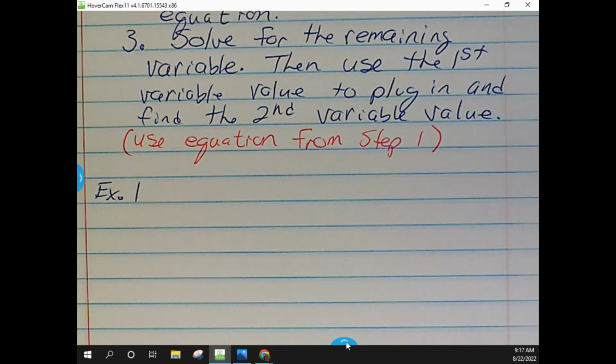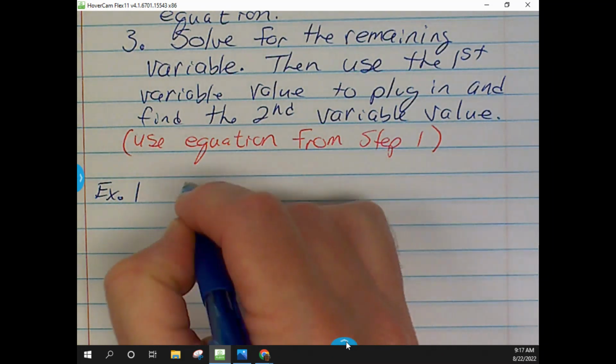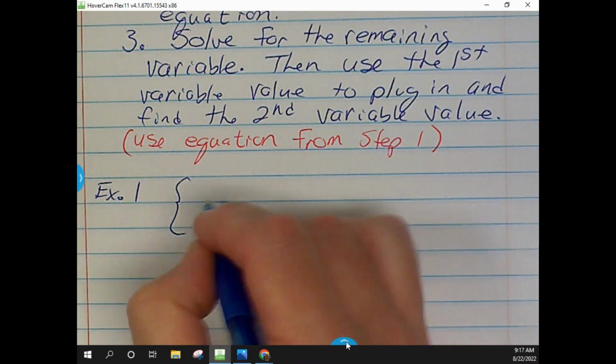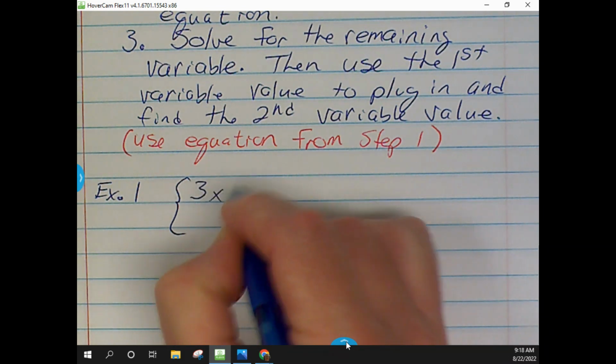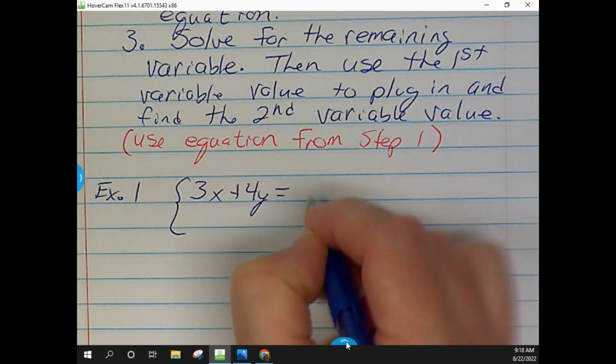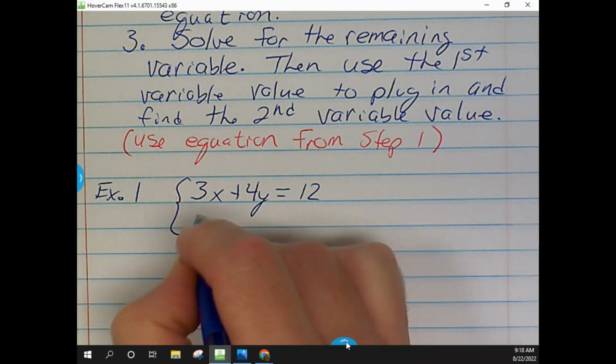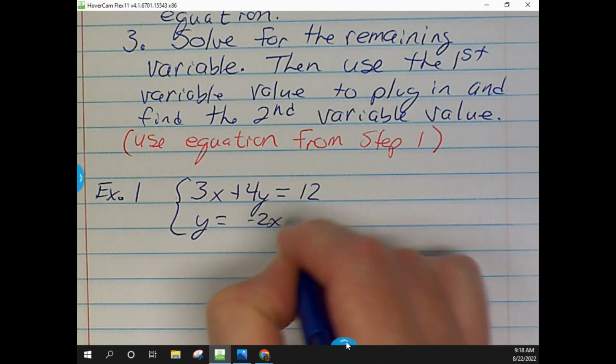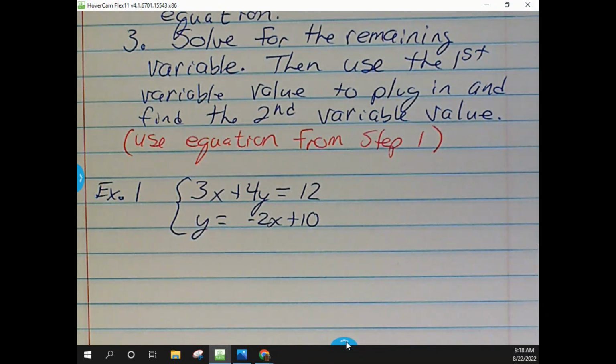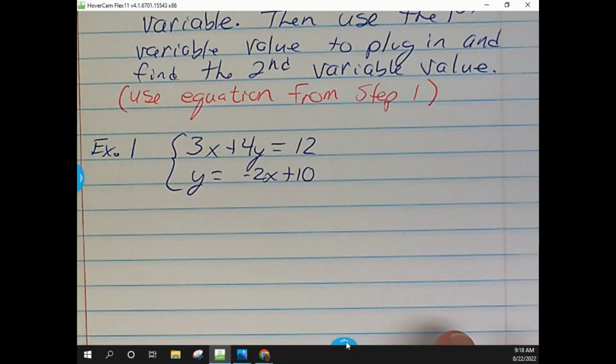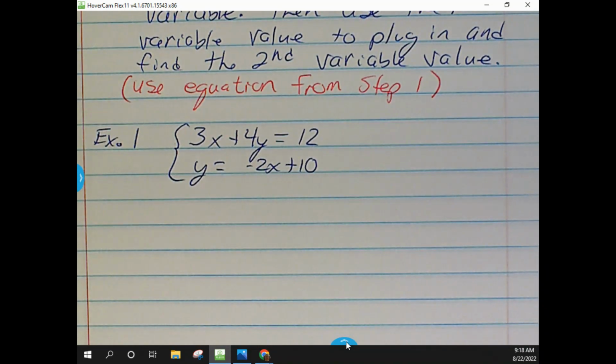Okay, and we'll do just like we did last time. We'll start with one that's kind of easy and set up for you, and then we move to one that gets a little bit tougher as we move along. So we'll go 3x plus 4y equals 12, and then y equals negative 2x plus 10.